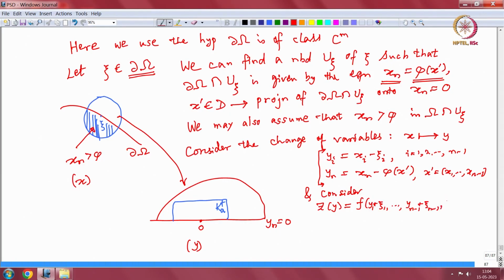This is yn plus, so I should write again phi in terms of y1 plus j1, etc. Okay, and this small z belongs to Hm of Ka plus for some a positive.